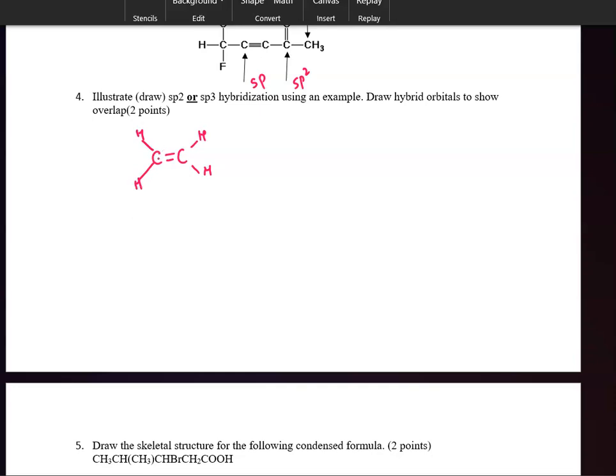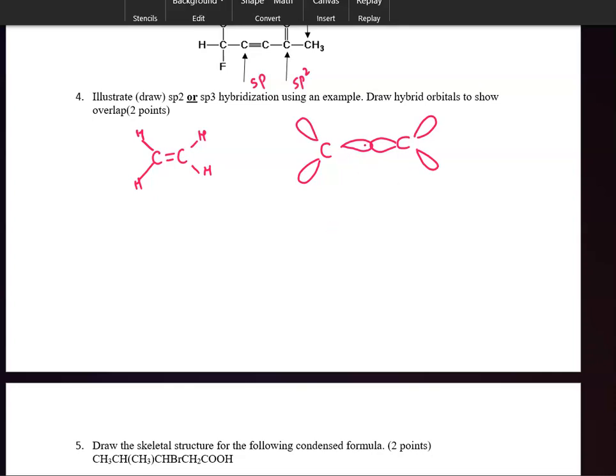So these two carbons here, they are sp2 hybridized. So the way you can show them is with hybrid orbitals drawn. So this carbon, both of them have hybrid orbitals. And remember that in an sp2 hybridization, the hybrid orbitals are at the corners of a trigonal planar structure.